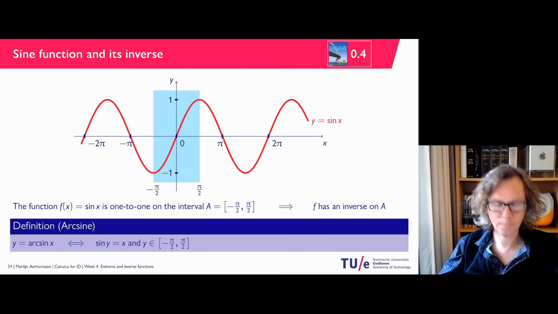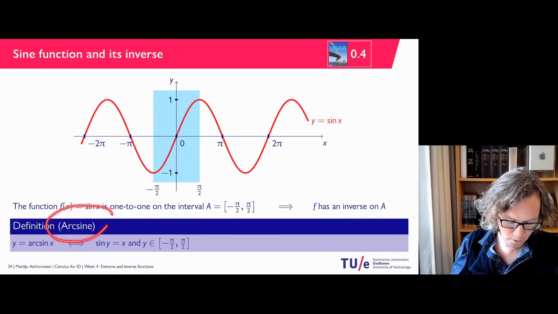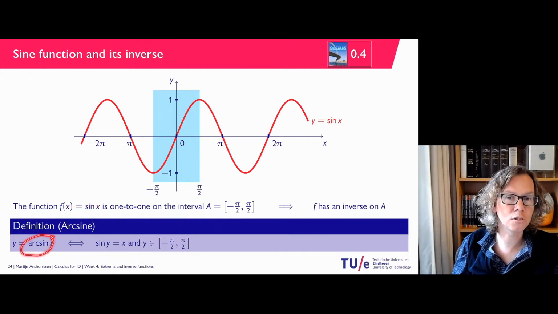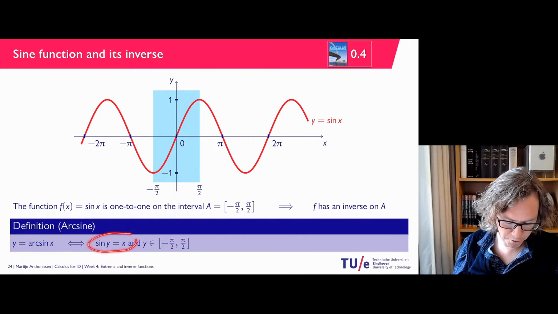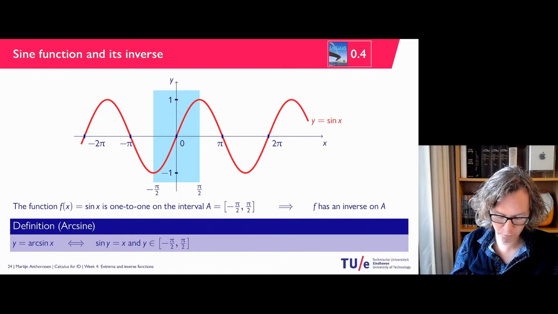So the inverse of the sine function is called the arcsine, and we write it in mathematical notation as arcsin. What it means is: y is the arcsine of x means that the sine of y equals x, so they cancel each other out, they are each other's inverses.